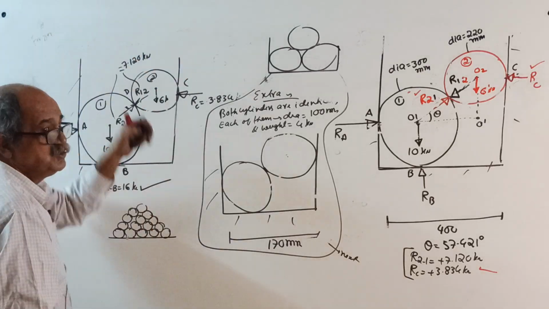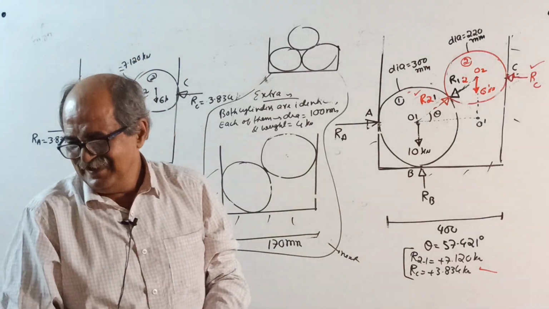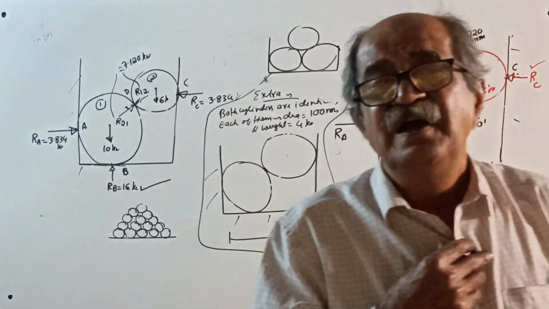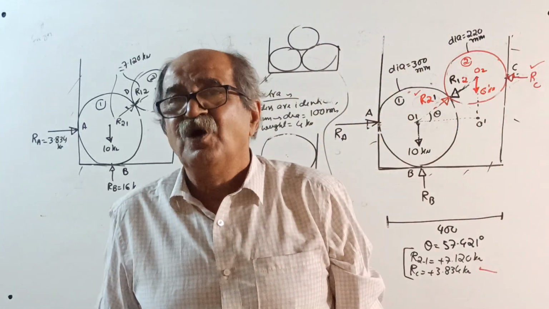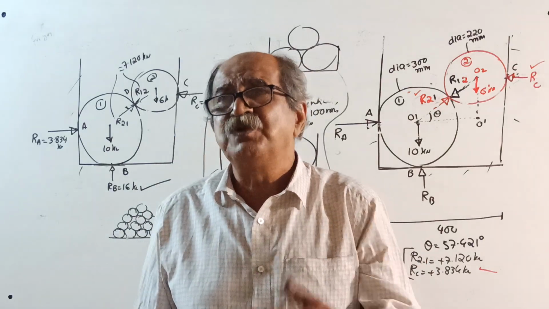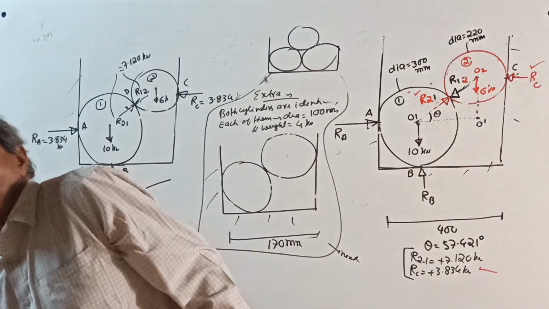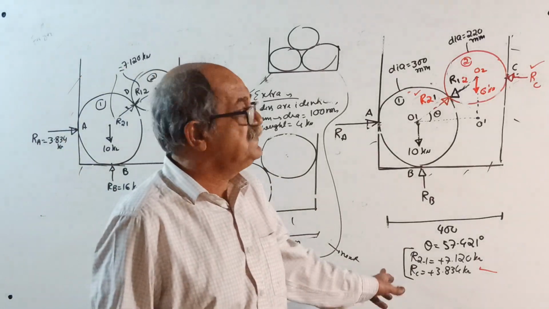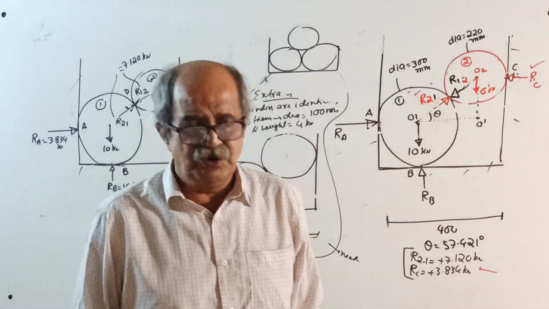This way, laddu storage. That is the last question. Then I will take one extra class for giving importance to further, for support reaction, everything. I will explain one more class. So next class will be the last for equilibrium questions. Thank you.